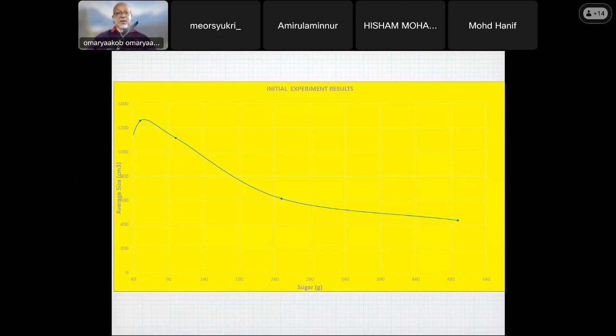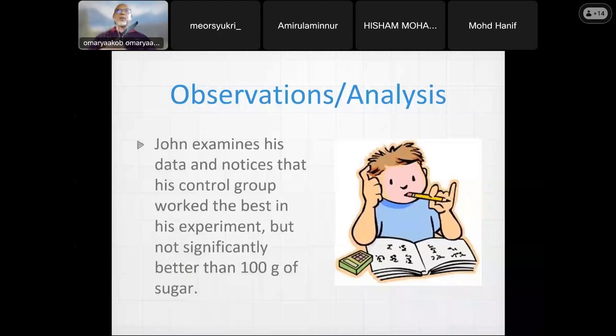So if you examine your data during the experiment, then you are able to redo your experiment, add on and so on. Otherwise, you may have to come back to the lab to do the experiment again. Then it makes life difficult for everybody.